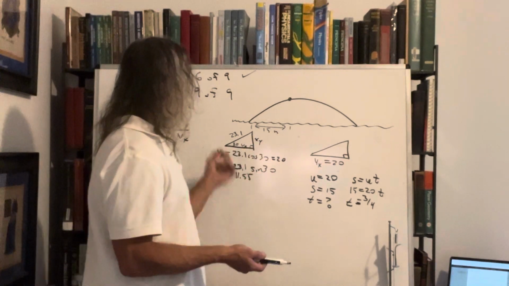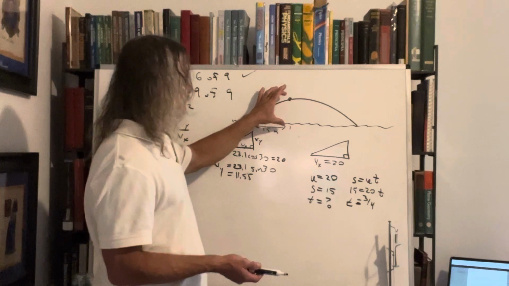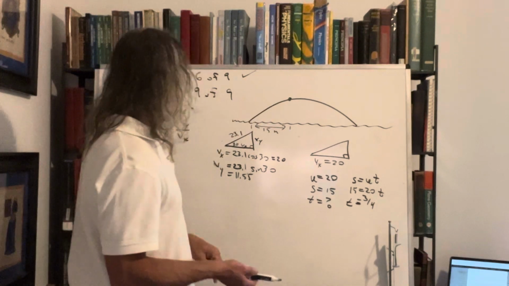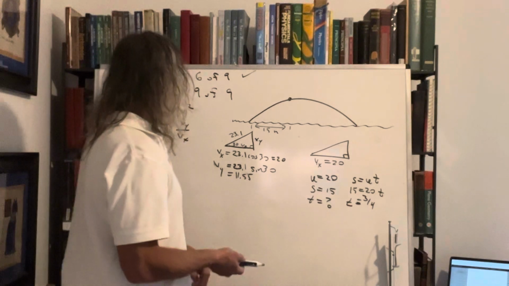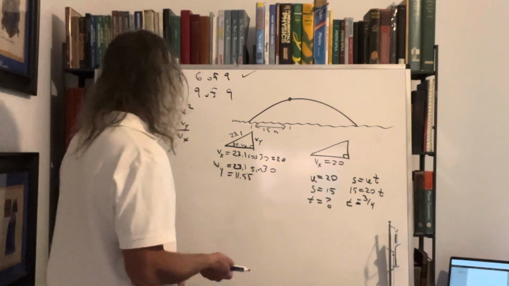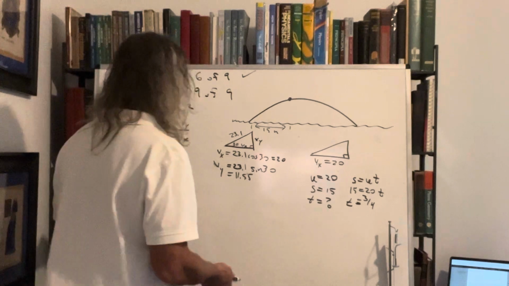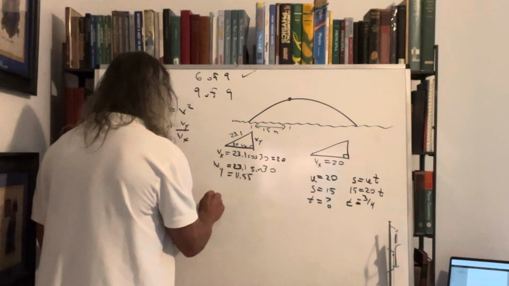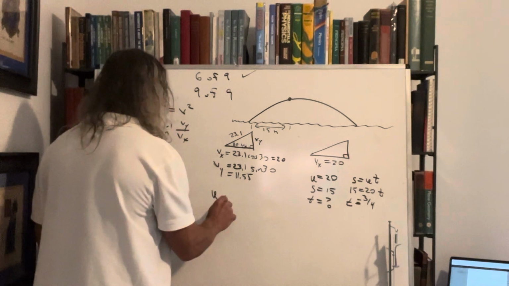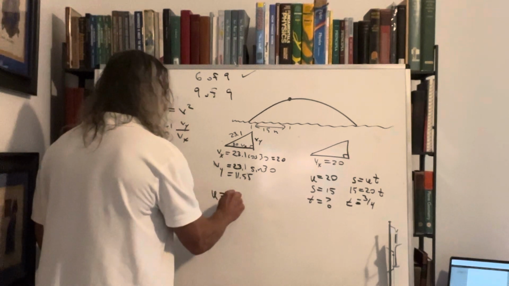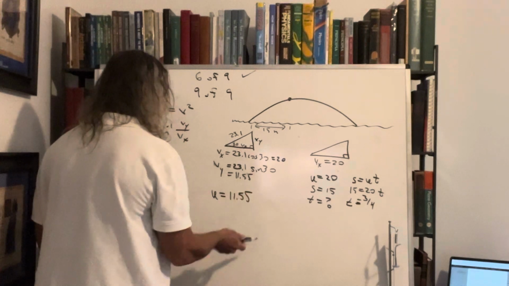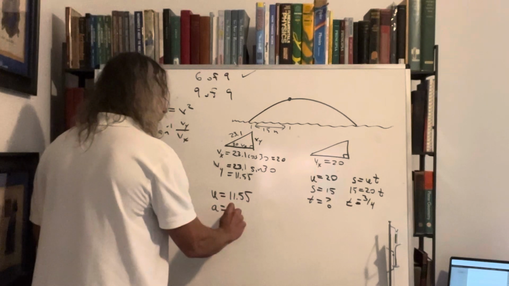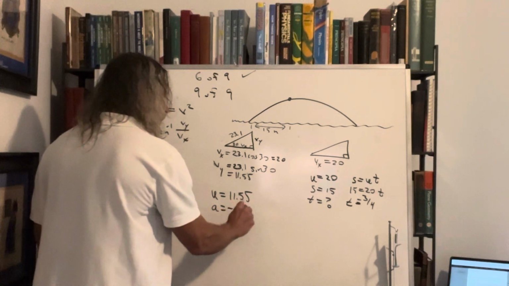And then we see how high it's going to be there, and then we can figure out the velocity. So 3/4 second, we got the up and down velocity. So looking at this, up and down is 11.55. Acceleration, negative 9.8.